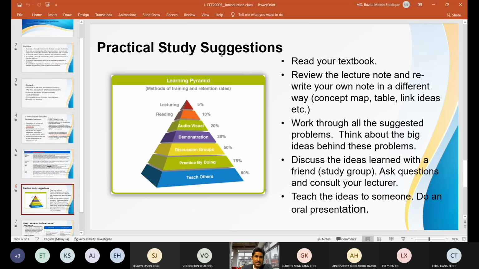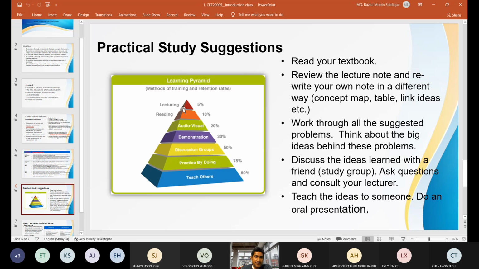So, practical study suggestion. This is the learning pyramid actually. From the lecturing, we know very little. From reading after the lecture, we will show you the connections, or make some bridges of your thinking, and if you have any inquiries or information gaps, we can address and provide those.